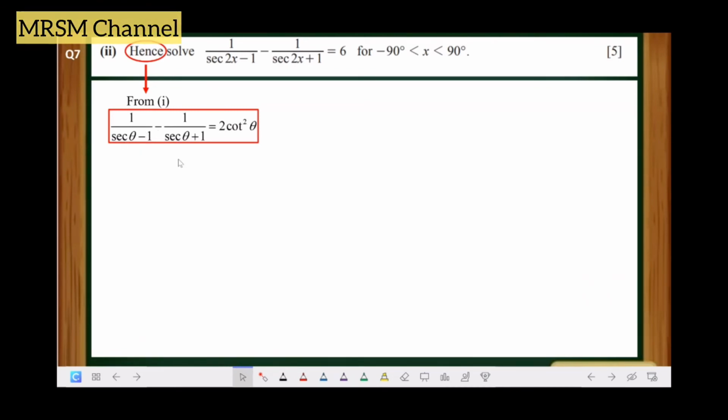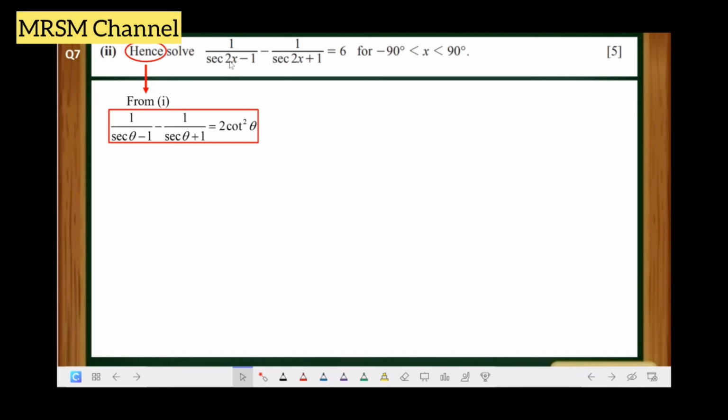Okay, so what is the difference between this one and the new one? Okay, so the difference is only at theta, now 2x will replace that theta. Okay, so instead of 1 over secant theta minus 1, now we have 1 over secant 2x minus 1. Theta now becomes 2x.